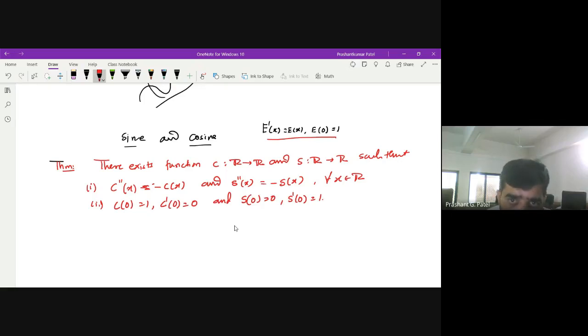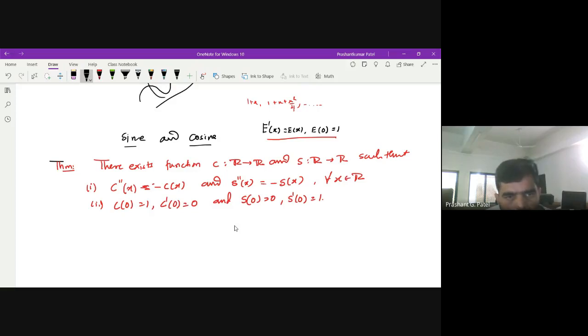What we did for the exponential function to prove that theorem, we constructed a sequence of polynomials: 1 plus x, 1 plus x square by 2 factorial, and so on. Then we showed that this sequence of polynomials converges to the function e.